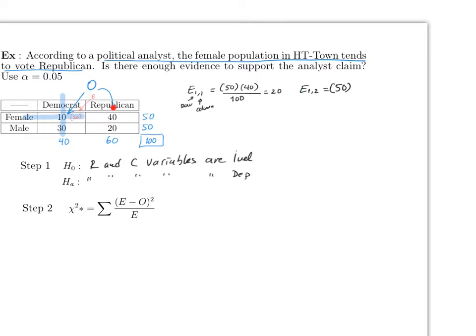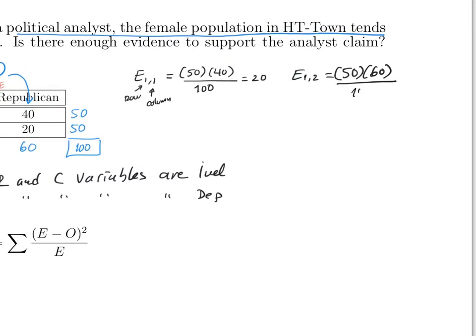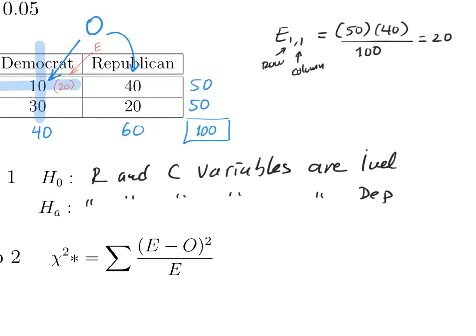The sum of the second column now is 60. And the total sum is 100 again. And this is equal to 30 now. So therefore, in parentheses, just put the value there, and this will be 30. So this is the associated expected value corresponding to this observed value.